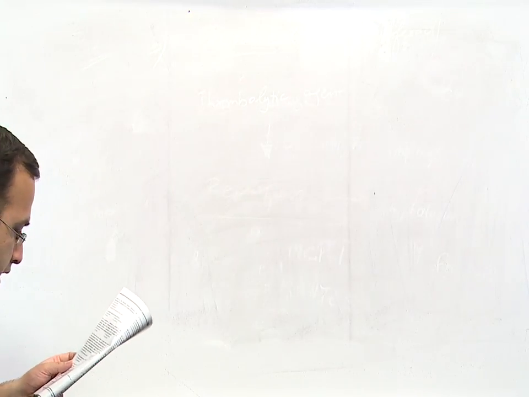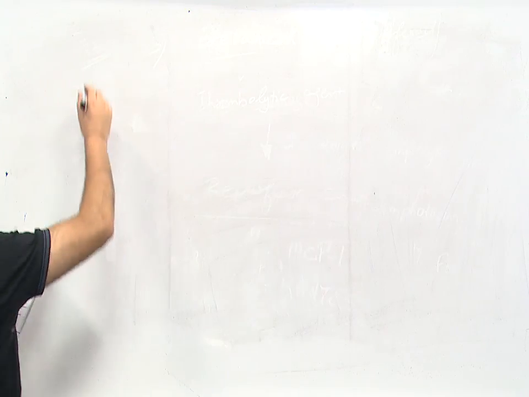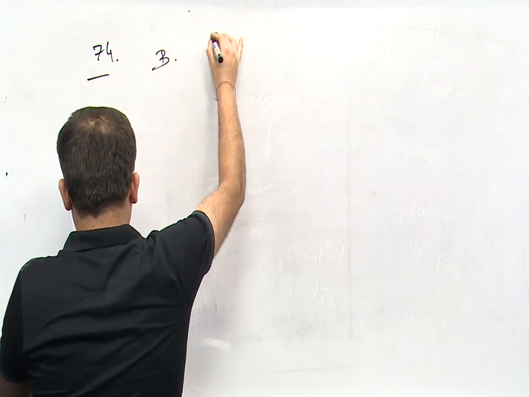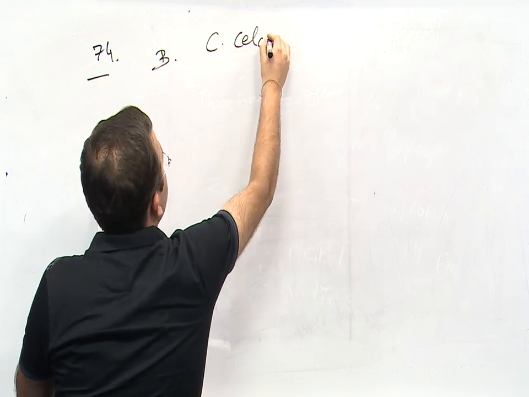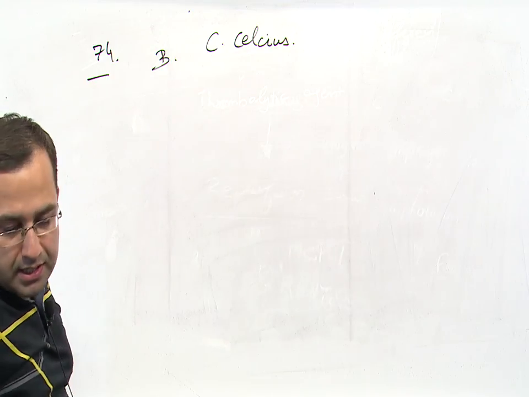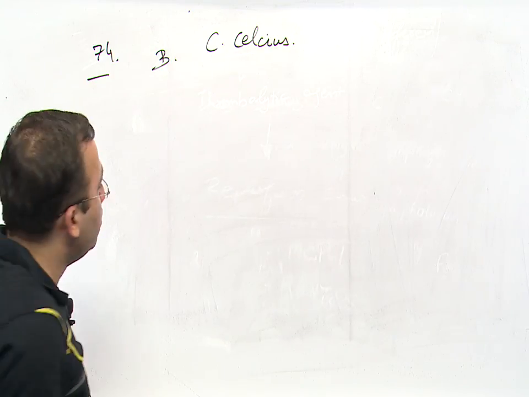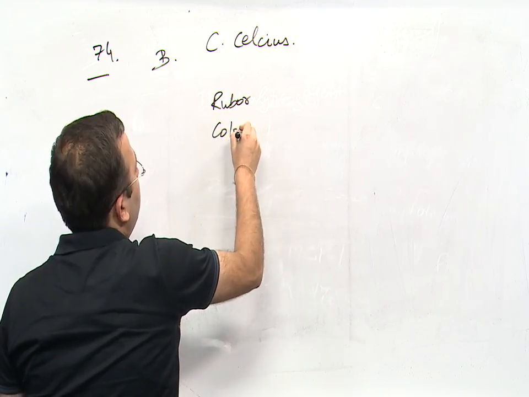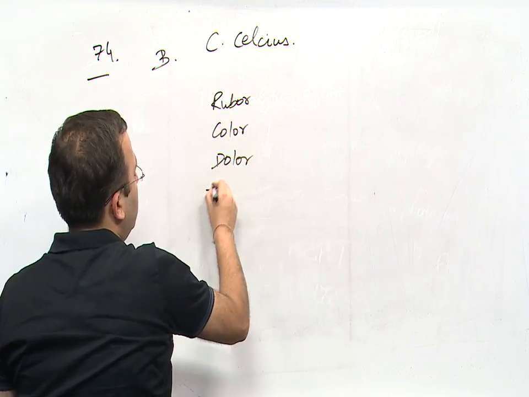This gets us to the next one. Cardinal signs of inflammation. They were described by Cornelius Celsus. You very well know the cardinal signs of inflammation: rubor, calor, dolor, tumor.